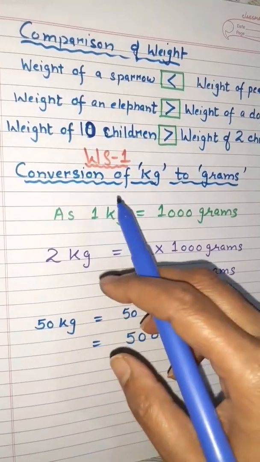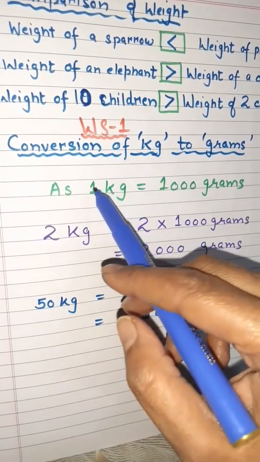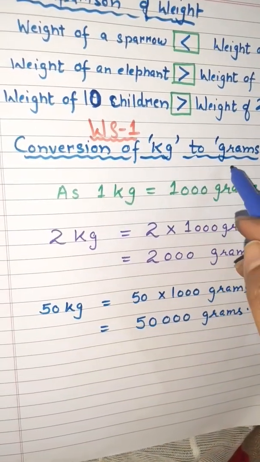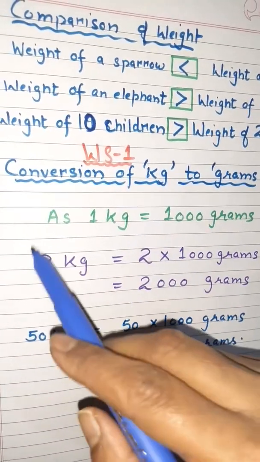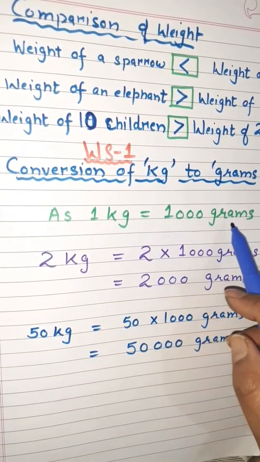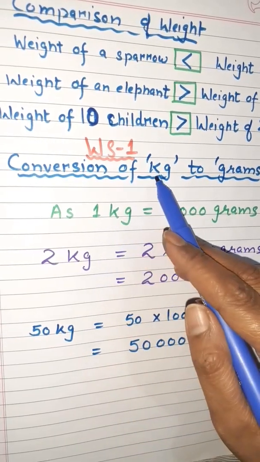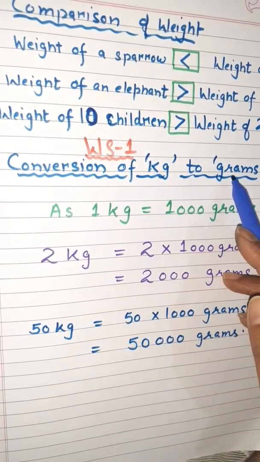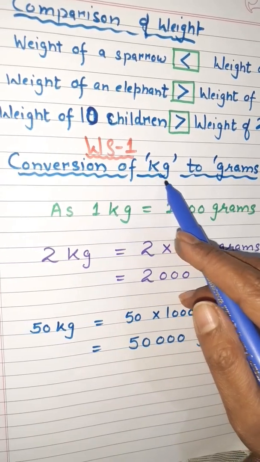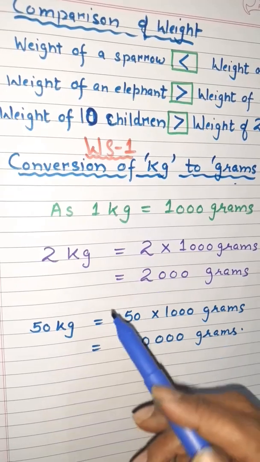Now let us do worksheet 1 of the chapter weight. In worksheet 1 you have to convert kilograms into grams. As we know, in 1 kilogram we have 1000 grams. Now we want to convert this bigger unit into a smaller unit, that is kilograms into grams, so we have to multiply.